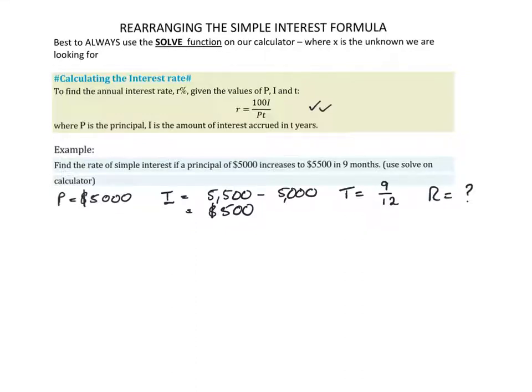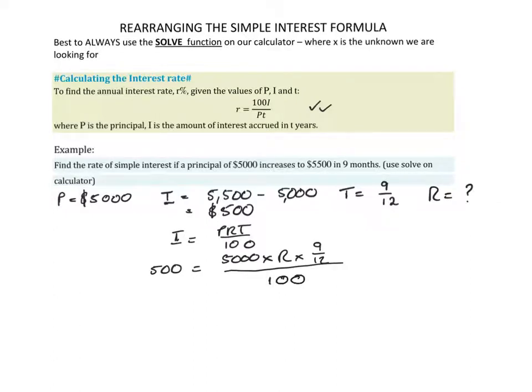Well, we're still using the same rule. Remember, I equals PRT on 100. I in this case is 500 and P is 5,000 times R, now R is what I'm looking for, times 9/12 all over 100.